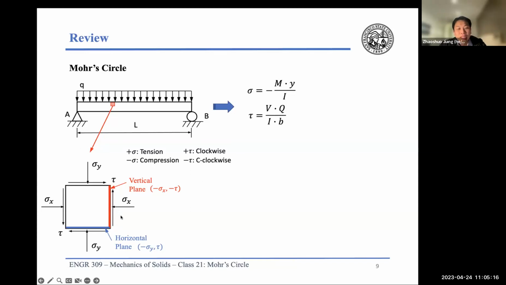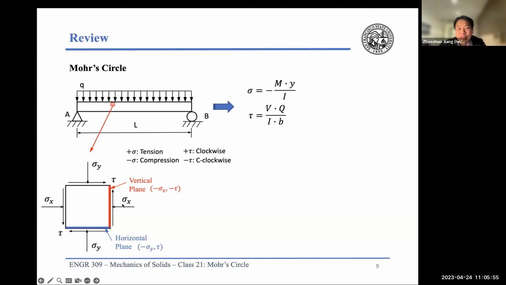Again, just to review, the sign convention for normal stress: if the normal stress is pointing towards the center of the small cube, that is compression, and that is negative.